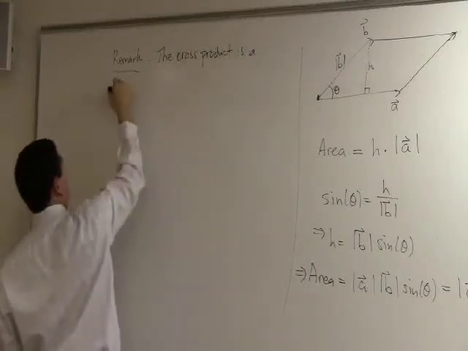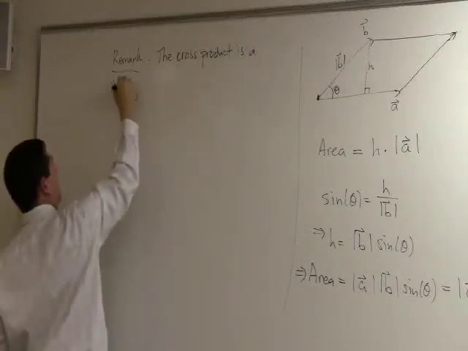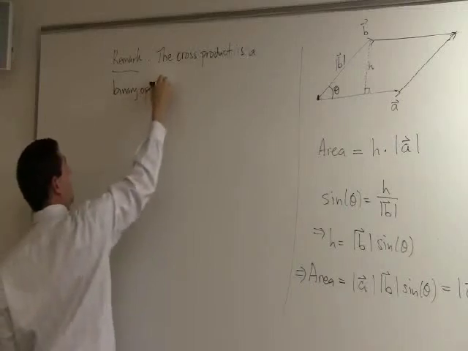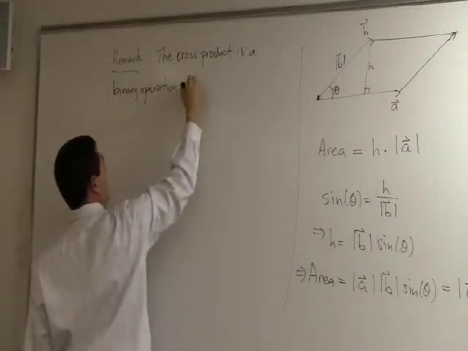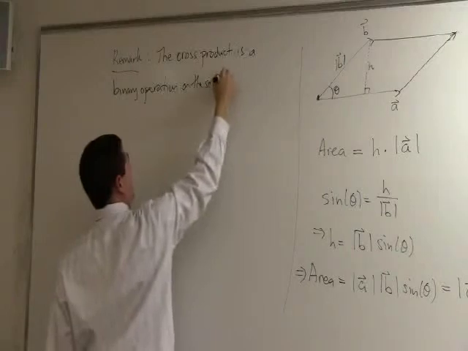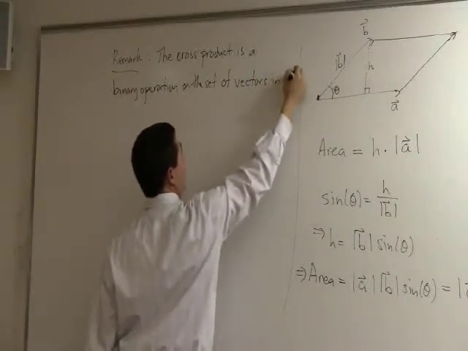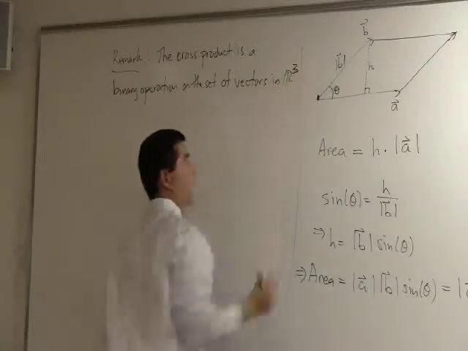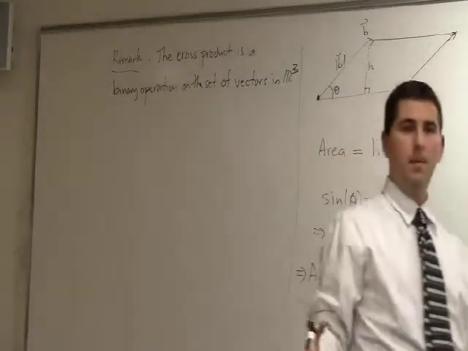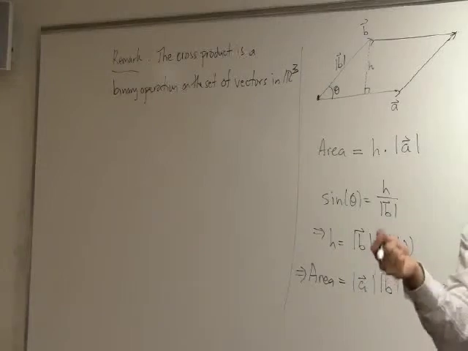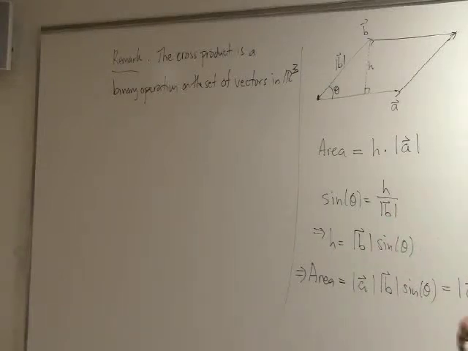So the cross product is a binary operation on the set of vectors in R3. Remember, a binary operation means you take two of them and you spit out a third. If you take two vectors, you can compute the cross product.